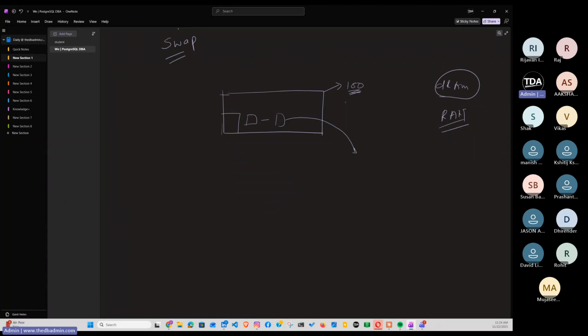So RAM has a limited capacity, and I have multiple blocks standing on the RAM, right? Multiple people are standing on the RAM, but everyone is not required on the stage. There will be different applications running, different utilities running, and these blocks represent different utilities.